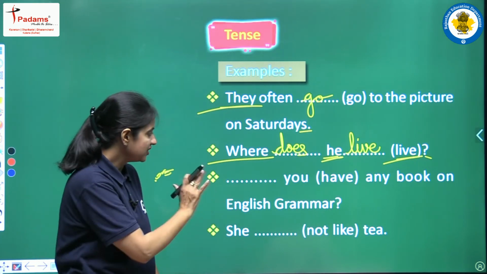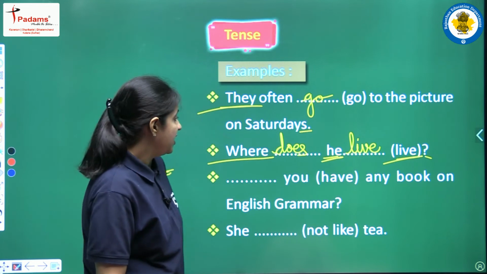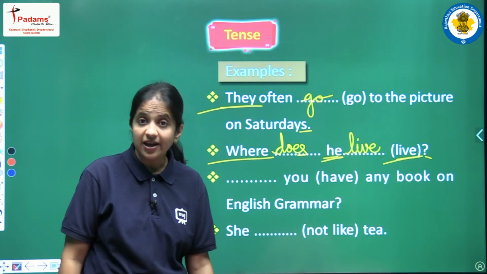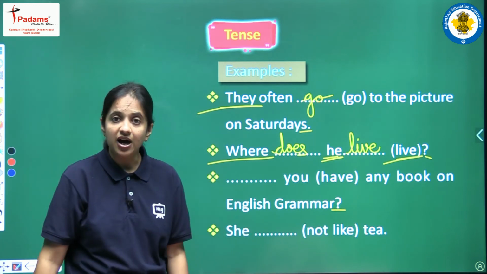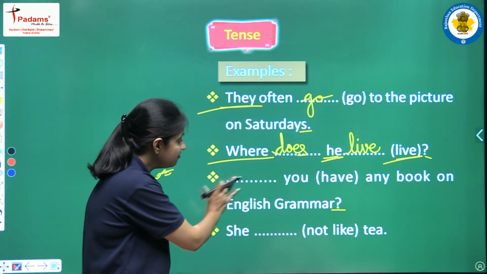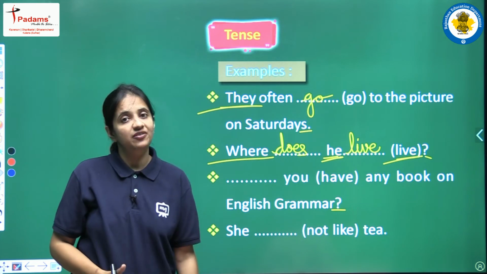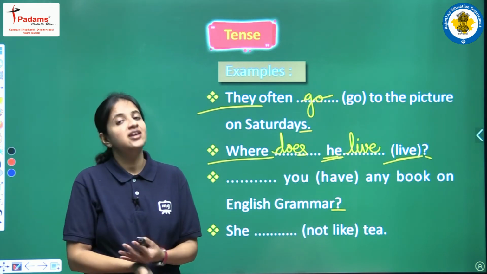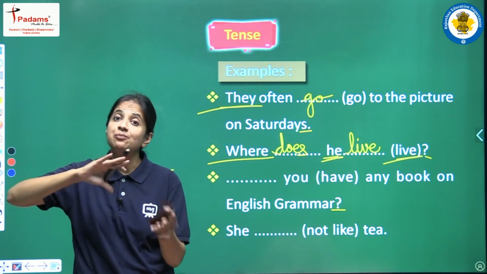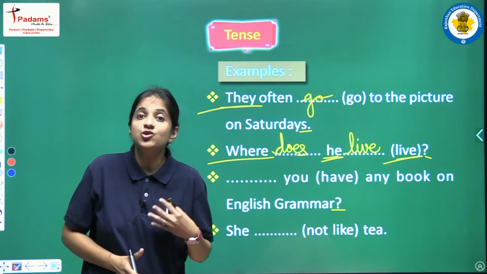Okay. Next is: you have any book on English grammar. Again this is an interrogative sentence because we have a question mark, but we do not have any WH word, or we can say we do not have any question word. Why? Because in this sentence the helping verb will be the question verb.